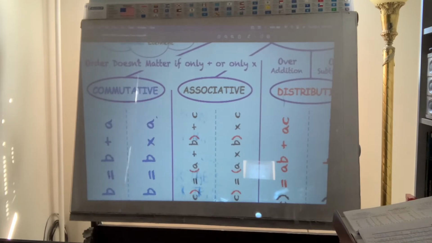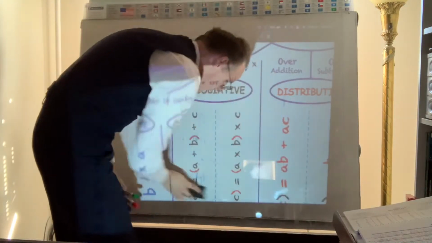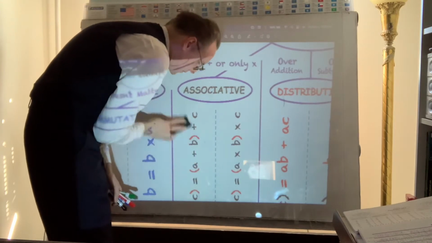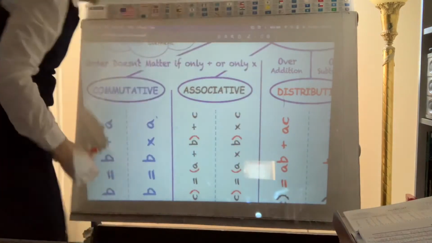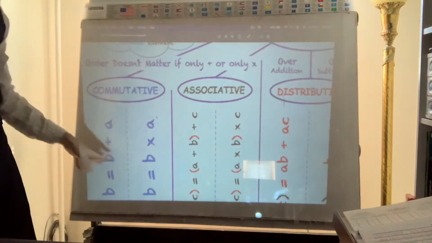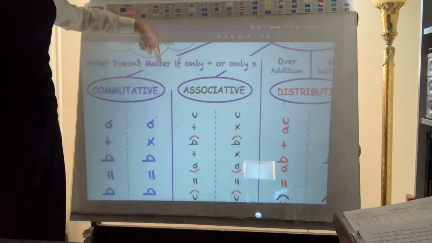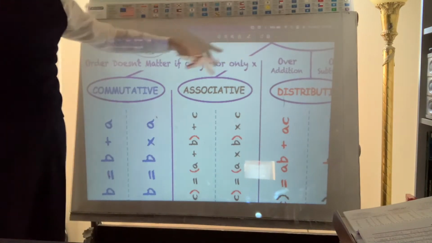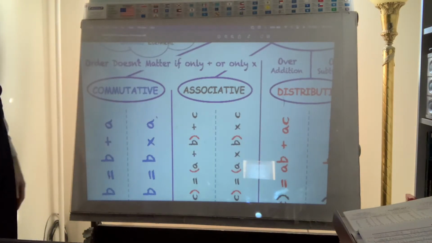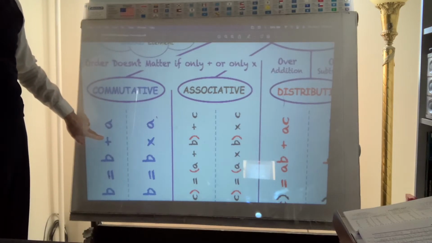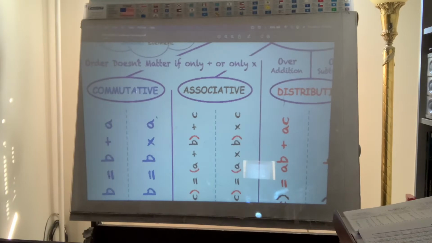What is important about commutative property and associative property is that they're basically illustrating the same concept, just in different ways, that the order doesn't matter if you are only adding or if you are only multiplying, right? It's written sideways, but you could have the commutative property of addition, right? Or you could have it of multiplication.